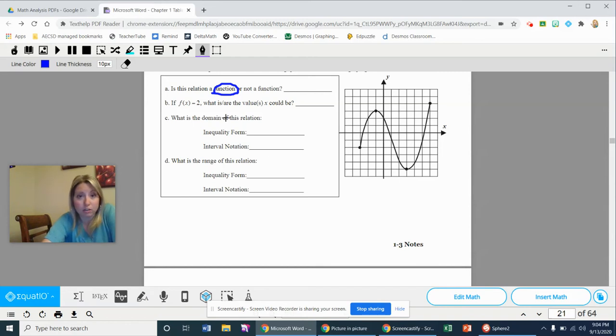So my y value is 2. What are the inputs? Got it. A y value of 2. Oh, look at this. Right here. Right here. And right here. So this one we're going to do a little bit of a guessing game, right? Because it's not on an exact point.